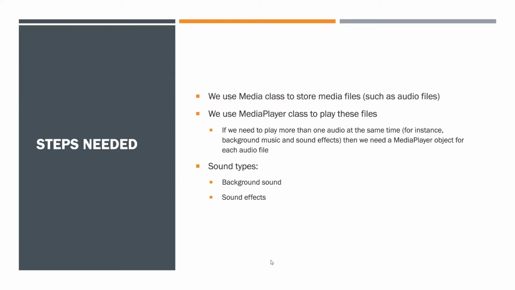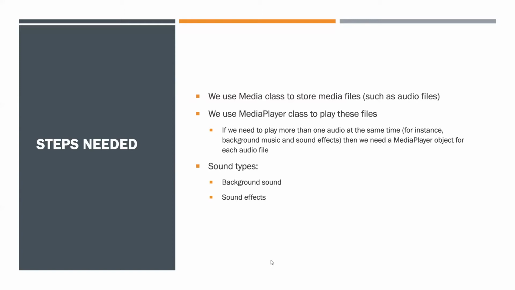First of all, we need to use a media class to store every media file that we want to play in a given moment. And also, we use an additional class called media player, which is in charge of playing every sound file. If we need to play more than one sound file at the same time, then we need to use more than one media player object.